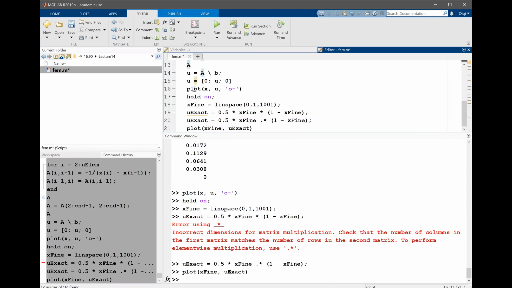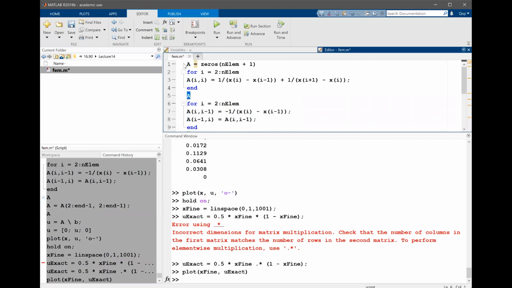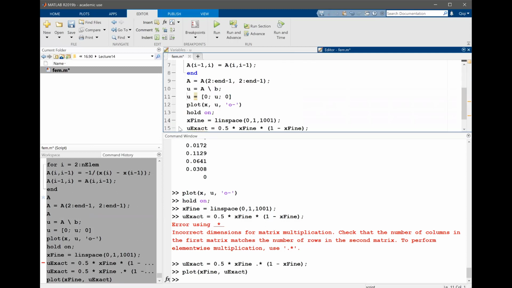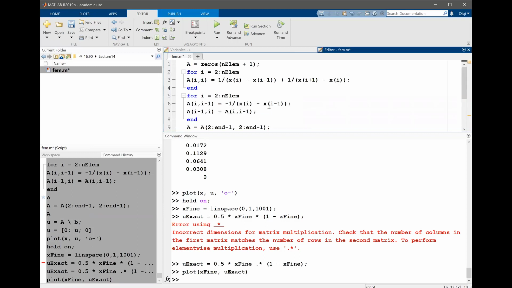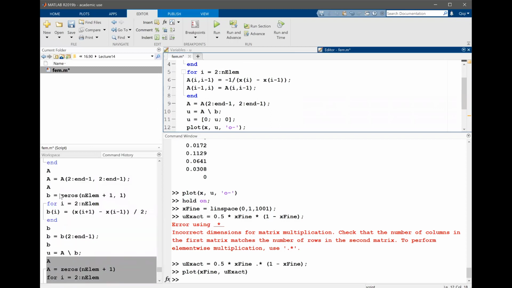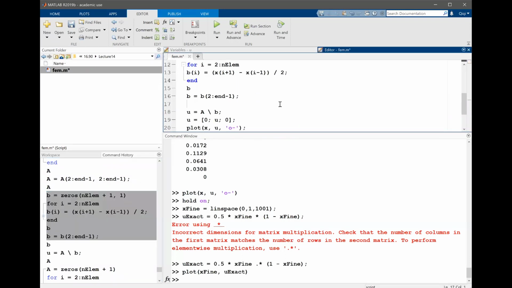Let's have a zeros. Let me get rid of the printouts by suppressing the output. I also need to copy my segment that computes the right-hand side. Let me go back into my history, my B, yes, to here. So after I compute A, I compute B.